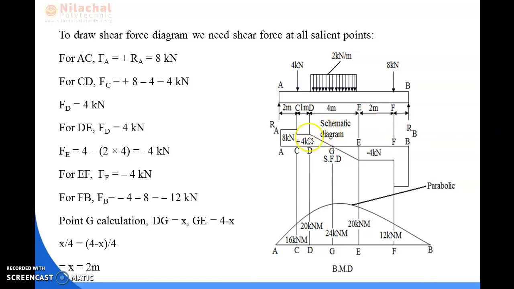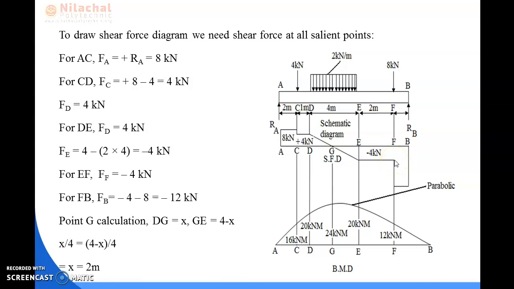After that, from the point D, the shear force changes its sign, and at point E, it will be minus 4 kN. Then this minus 4 kN is continuing towards the point F. So here is one point.